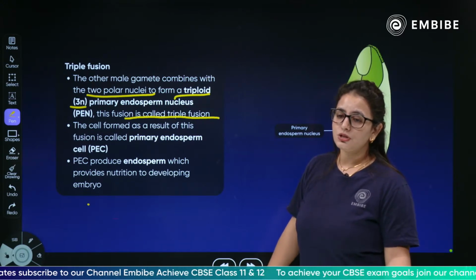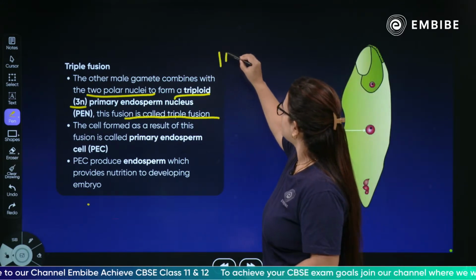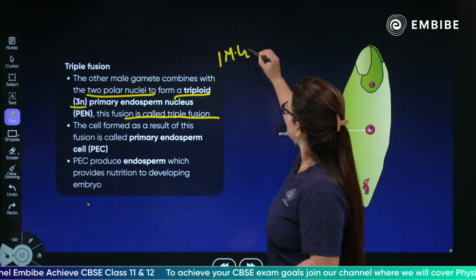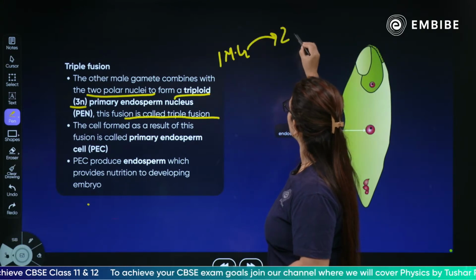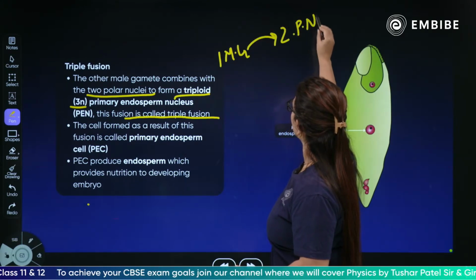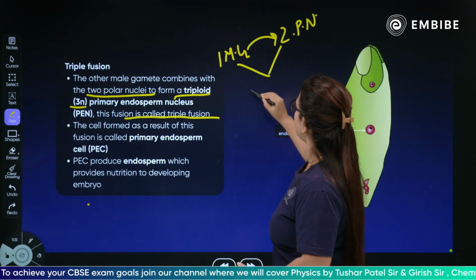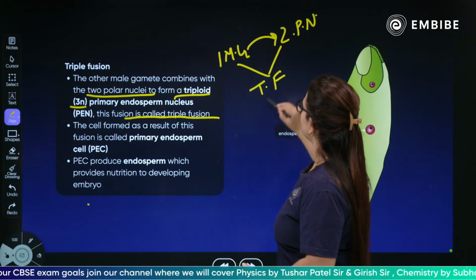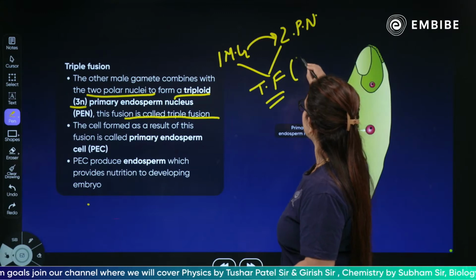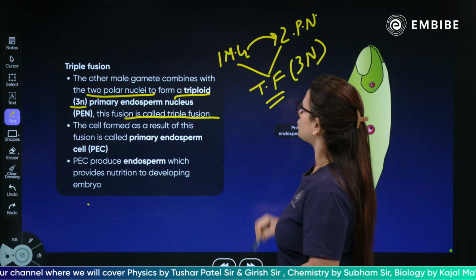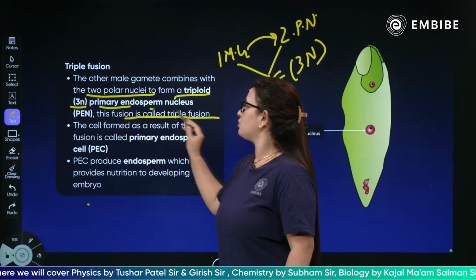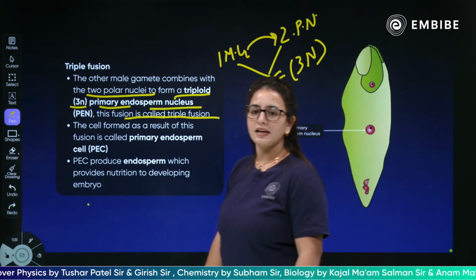What is triple fusion? When one male gamete fuses with the two polar nuclei. The ploidy will be 3n, and this is also called the primary endosperm nucleus. Clear?